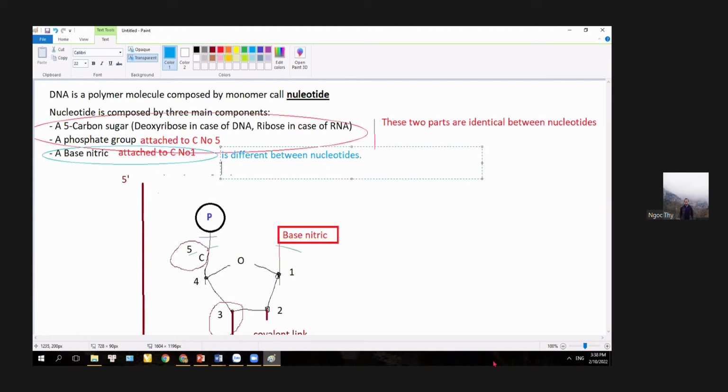So there are four types of nitrogenous base. A stands for adenine, G stands for guanine, C stands for cytosine, and T stands for thymine.